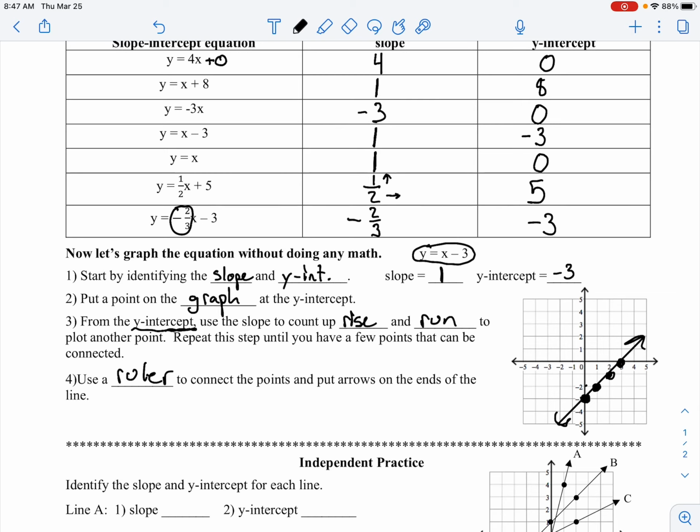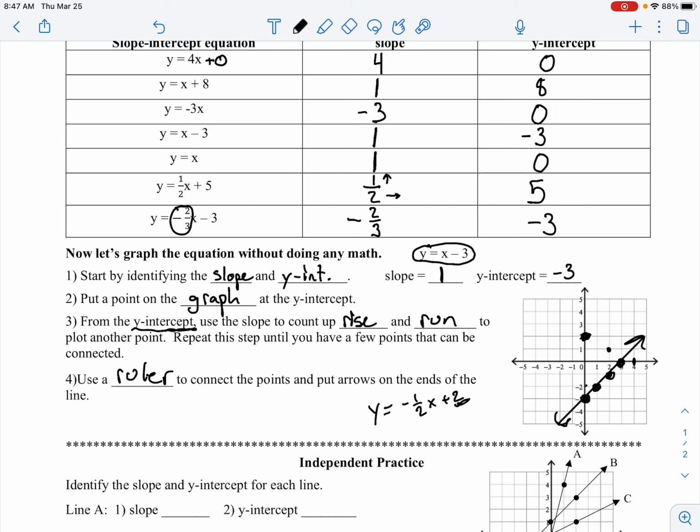So another quick example, if I had y equals negative 1/2 x plus 2, well, my y-intercept is 2, so I would plot the 2. And now we have negative 1 over 2. So that means I would drop 1 for that negative 1 and then go over 2.